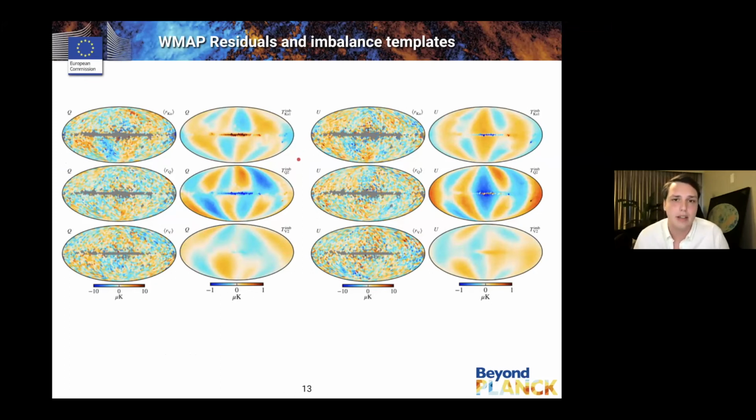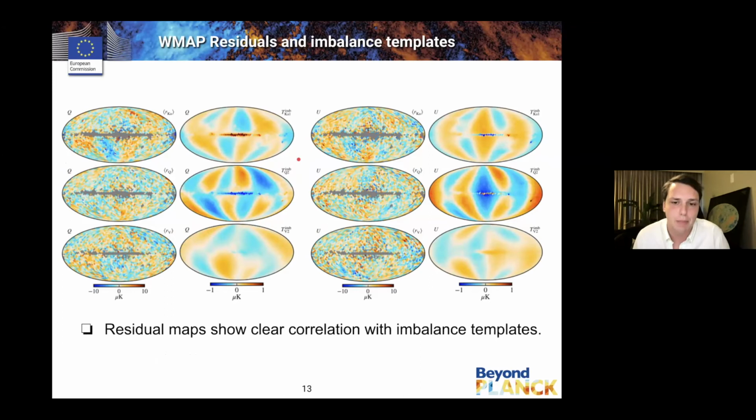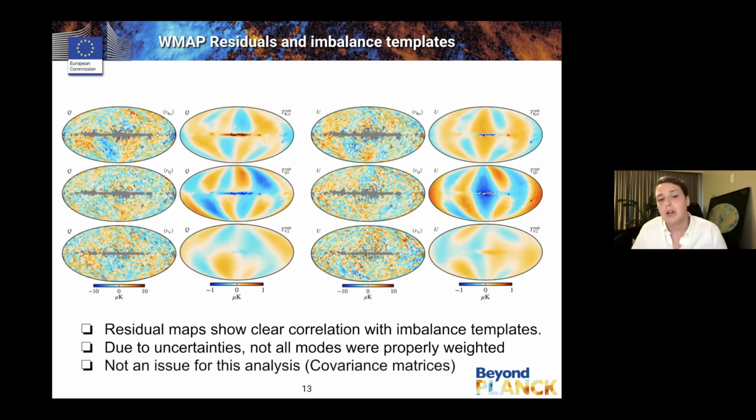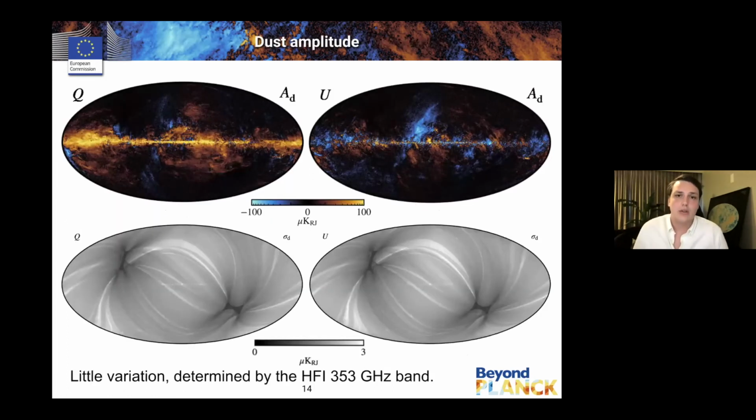This is something that has been reported by the WMAP team through these imbalance templates, where they have measurements of poorly measured modes that they predicted, and uncertainties regarding these that are still in the maps. However, because we actually apply our covariance matrices in our analysis, this doesn't propagate into our final results in any way. So that is a good thing.